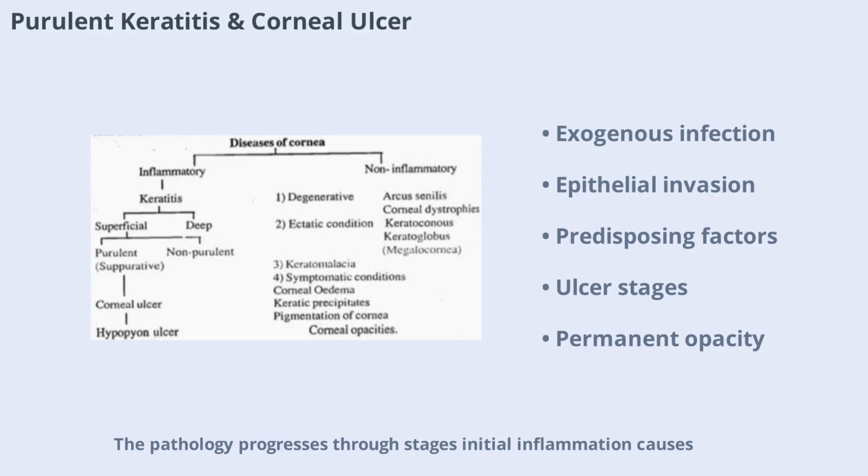The pathology progresses through stages. Initial inflammation causes polymorphonuclear infiltration and ulceration, followed by regressive healing with smooth, transparent ulcer edges, and finally cicatrization, where fibrous tissue fills the ulcer, leading to permanent opacity.